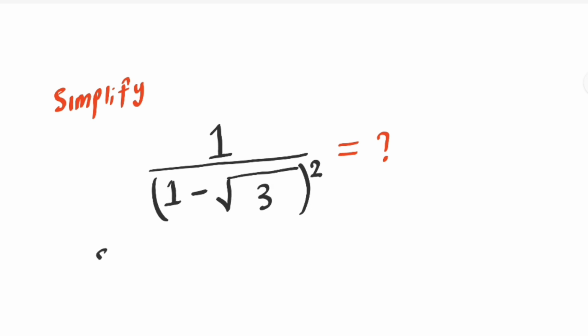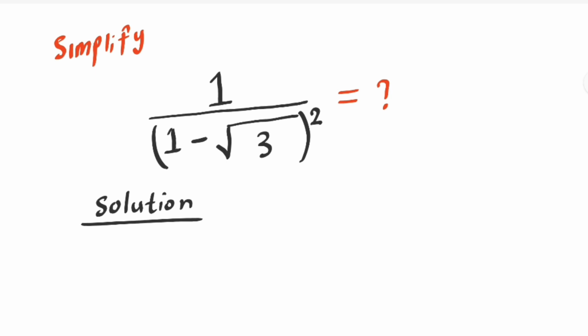Solution. We have the given nice math problem: 1 over 1 minus square root of 3, all squared.